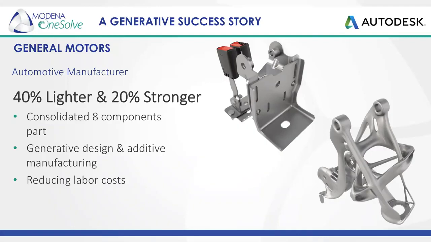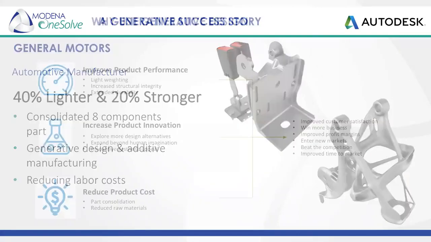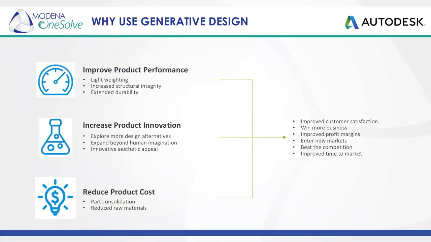In the end, they managed to consolidate the entire seat bracket assembly into just one single part, making it 40% lighter and 20% stronger, exceeding their performance expectations and reducing their labor costs. Using generative design has a host of benefits.